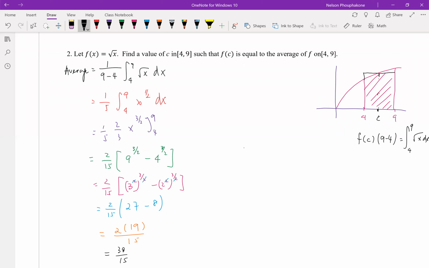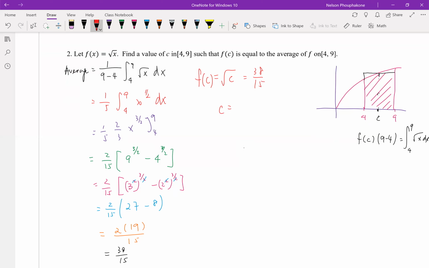Okay. Then now, if I want to find the C value, I could set up f of C equal to the square root of C equal to 38 over 15.